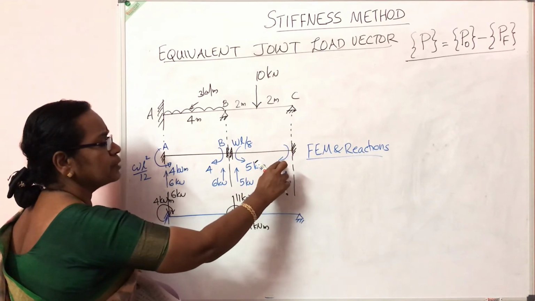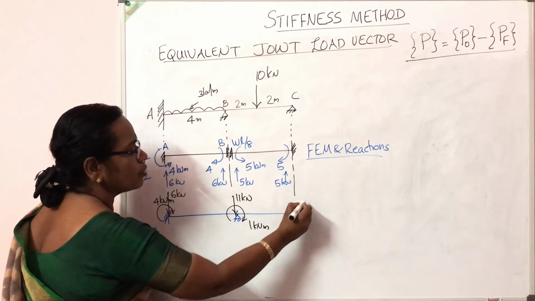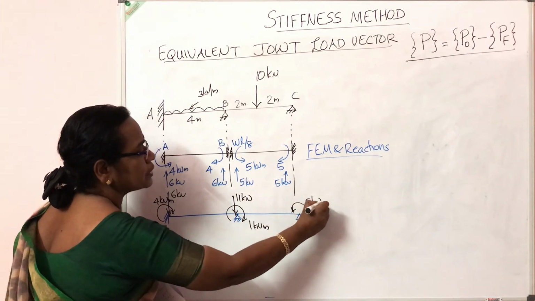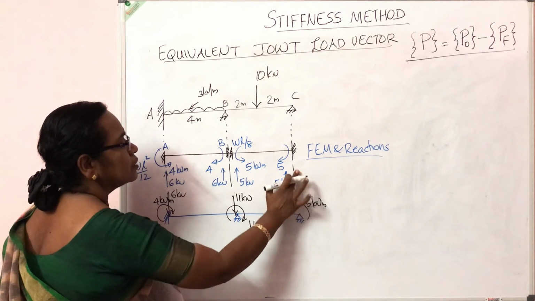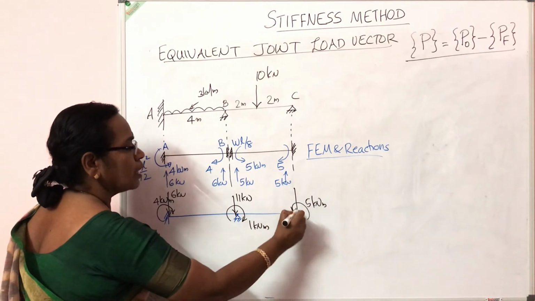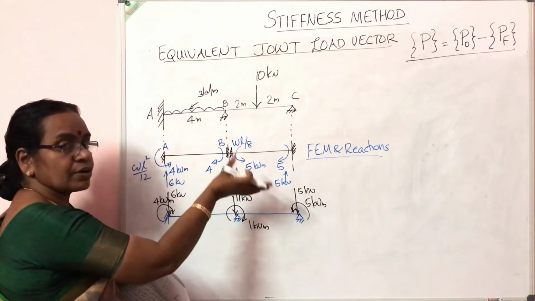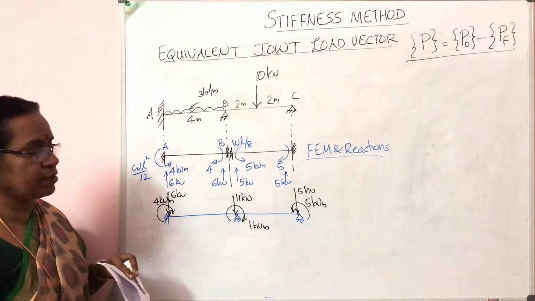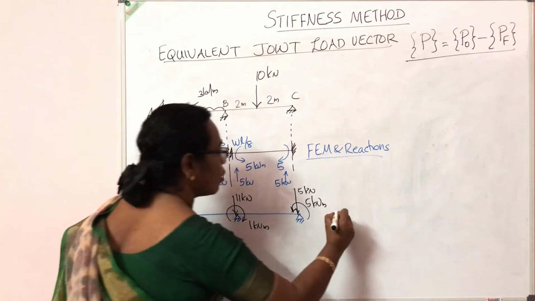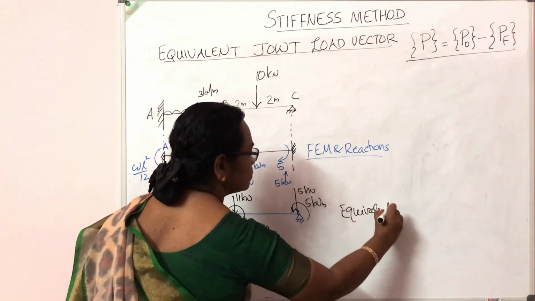Here 5 kN meter is a clockwise moment, so you apply an anti-clockwise moment of 5 kN meter. And the vertical load acting here is 5 kN upwards, so you apply 5 kN downwards. So just reverse the fixed end moments and reactions. This is called the equivalent joint load.